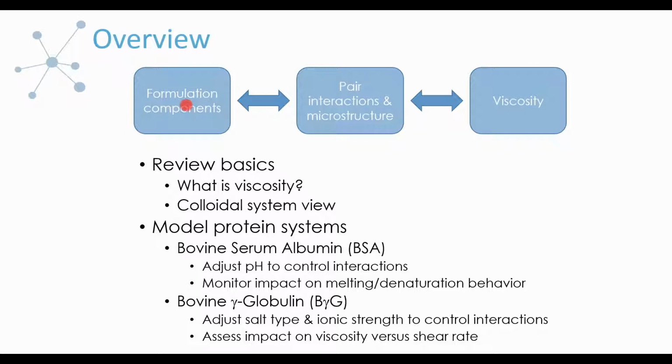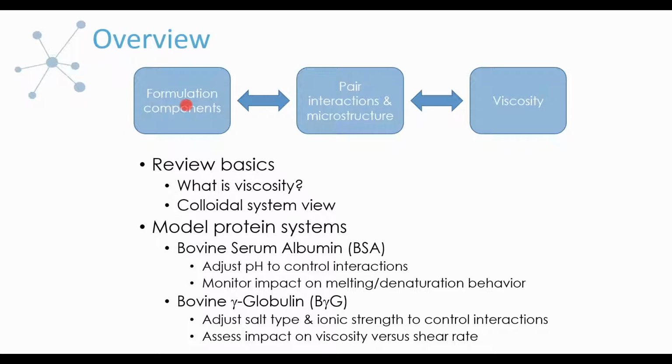And by that I mean the nature of the individual molecules, and then also how these molecules are going to interact on the pair level, often thought of as the protein-protein interactions. And then because you can have attractions or associations, you can generate complex microstructures such as aggregates or even network formation. And so this all will influence your viscosity measurement.